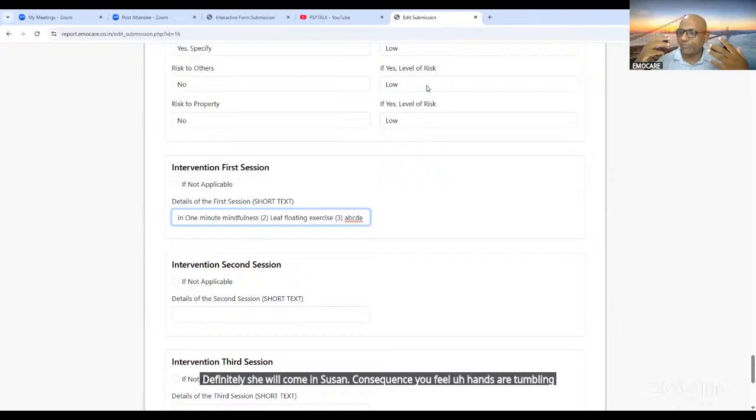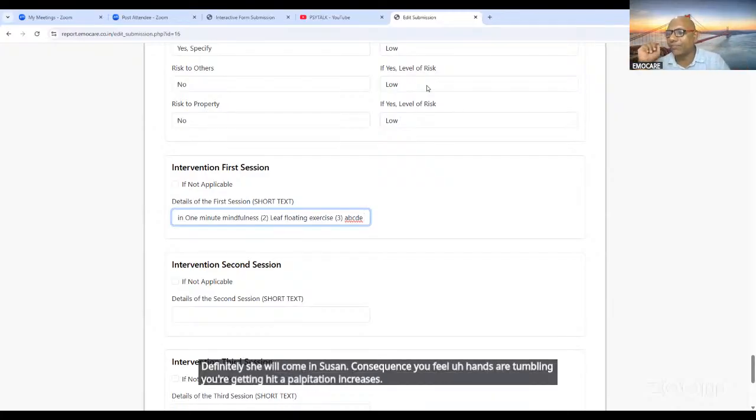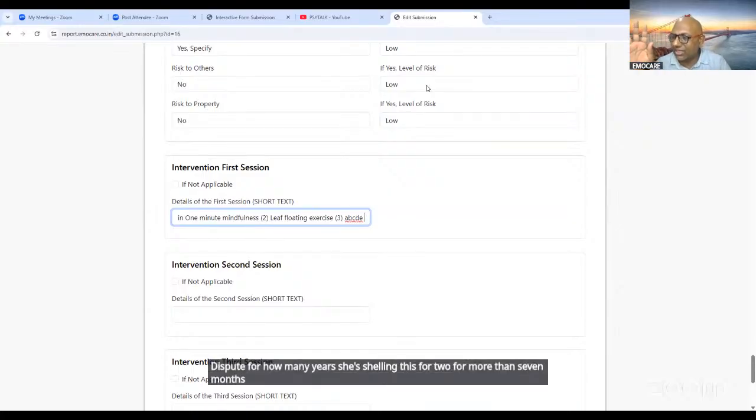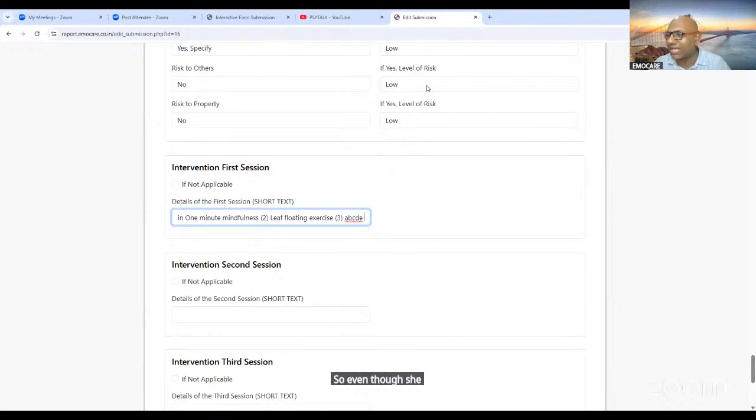Consequence, you feel hands trembling, you are getting headache, palpitation increases. Dispute: for how many years she is telling this? For more than 7 months she is telling that. So did she commit suicide? No. Even though she is just telling, she has not done anything like that. So that is disputing. And empower him with, okay, hereafter don't do anything nonsense, but in this case, try to help them and slowly come out.